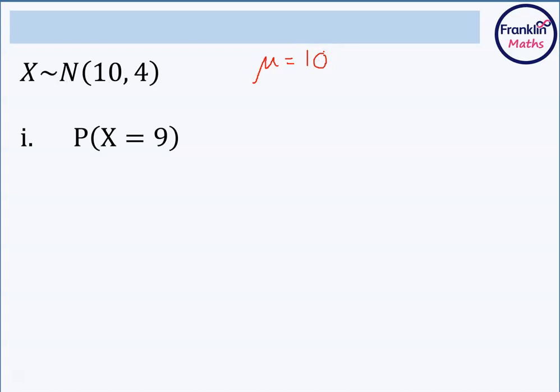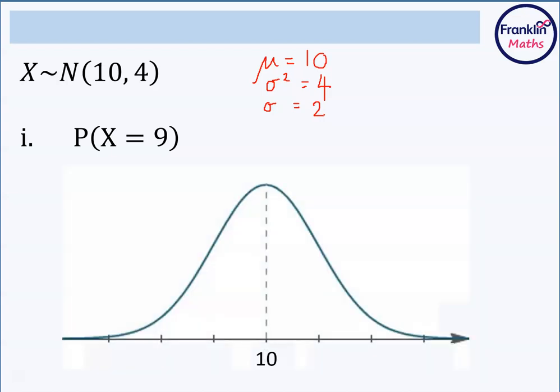We know that sigma squared is equal to 4. Remember, that's the variance, and therefore sigma is equal to 2. Even though this question doesn't ask for those, I've written them down anyway. It's just good practice. So there's the distribution.